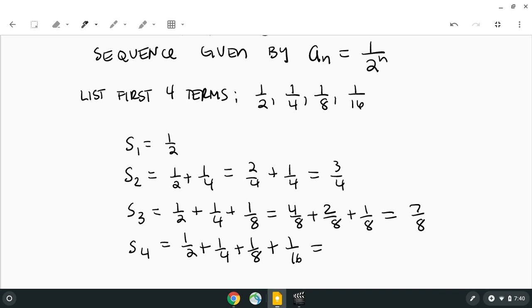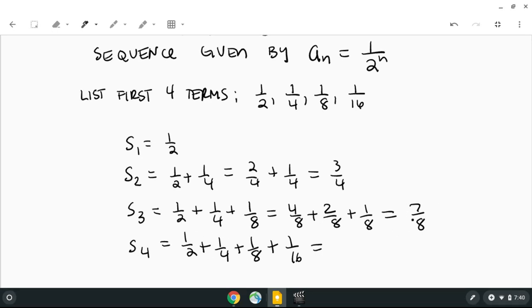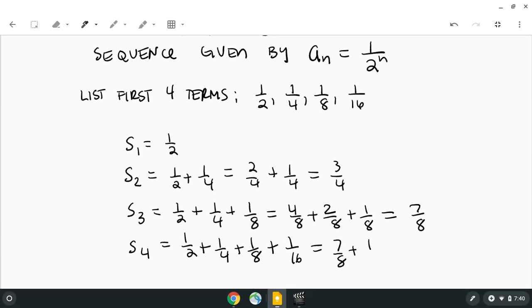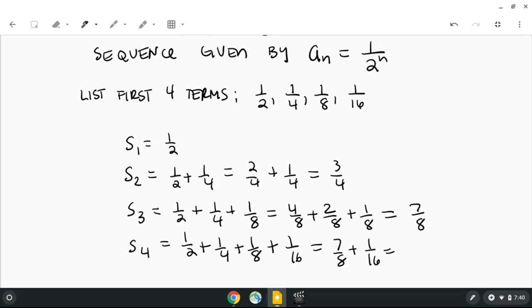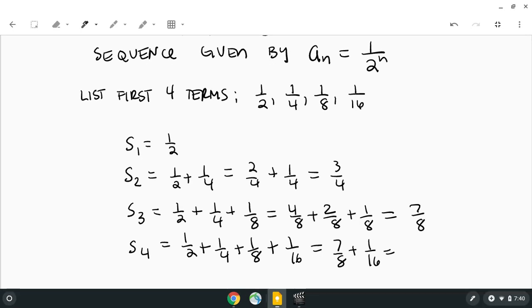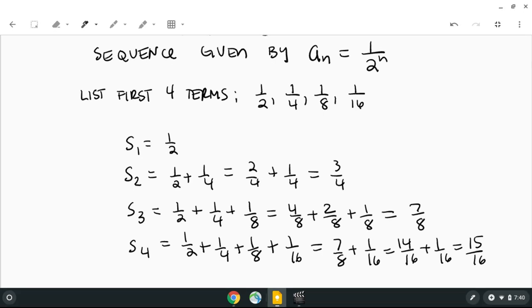Instead of doing all 4, I already know the first 3 equal 7 over 8. So that's 7 over 8 plus 1 over 16. The LCD is 16, so that's 14 over 16 plus 1 over 16, which is 15 over 16. So you can do it that way too. However you want. Use a calculator, it doesn't matter.